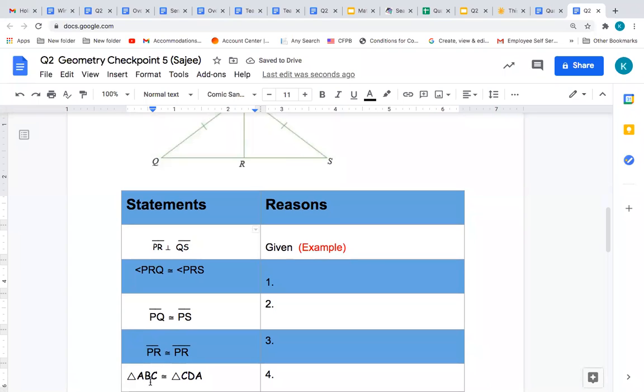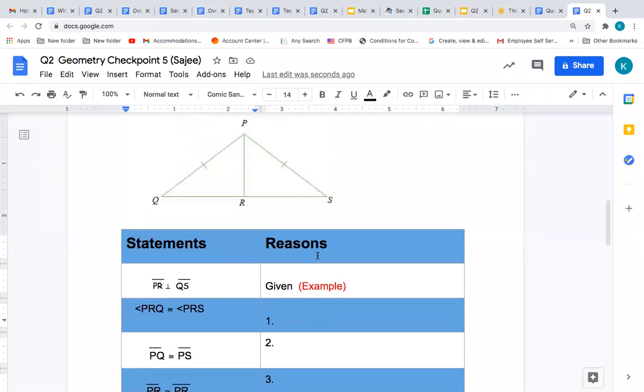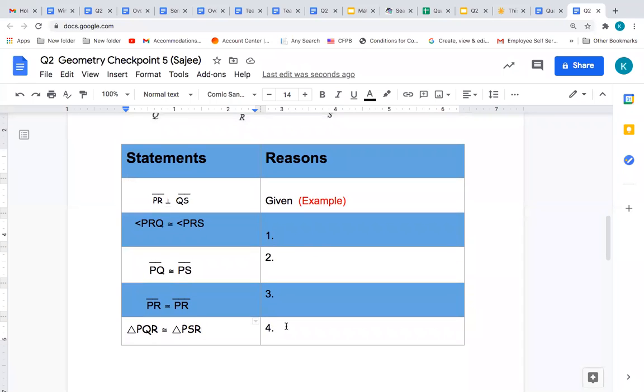And then triangle PQR is congruent to PSR. Now you have to fill out all the reasons. In here at the end, we just learned hypotenuse leg, so that's the reason it's going to be.